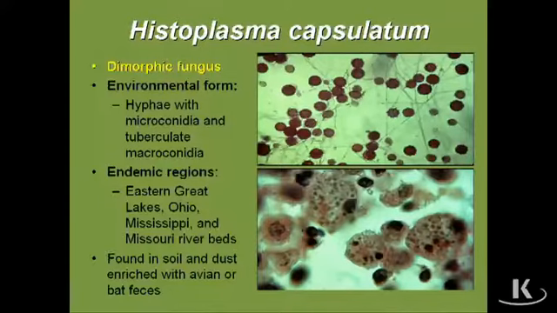So we're going to start with talking about histoplasma. Again, I'm showing on the top the environmental form, which is referred to as hyphae with macroconidia, okay? And on the bottom, I'm showing the yeast form. Now, you may not know what to look for here, but I'm going to outline this with the pointer. You've got a nice little unicellular cell here with a nice big nucleus.